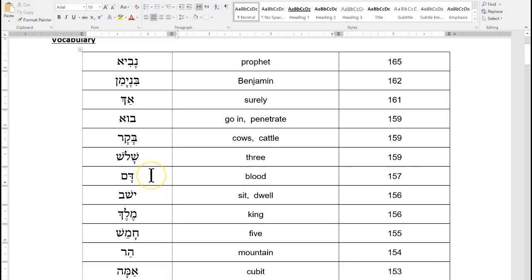You might recall from the gospel readings, Akeldama is the name of the field of blood where Judas hangs himself, but Dam, blood. Yashav, sit or dwell. Melech, we're familiar with, king. Chamesh is 5. They call a commentary on the Pentateuch a chumash, a related word to this.